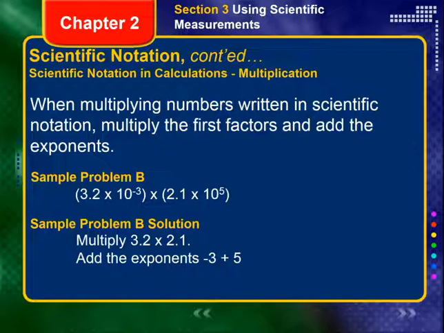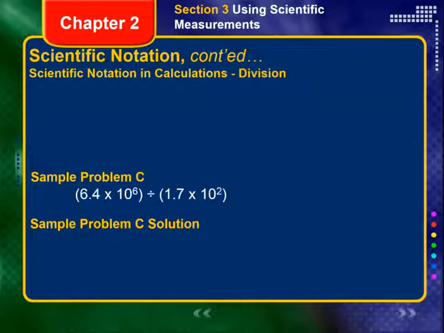First exponent plus the second exponent. In this case, it's negative 3 plus 5. Negative 3 plus 5 is 2. So the calculator tells me that the coefficient here is 6.7. Exponent is 2. So I report 6.7 times 10 to the second power.